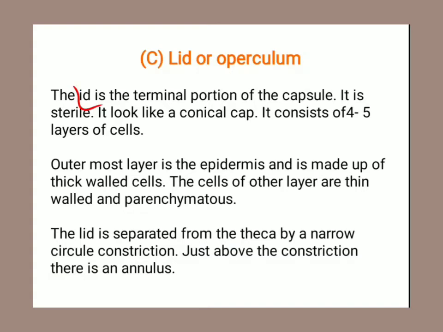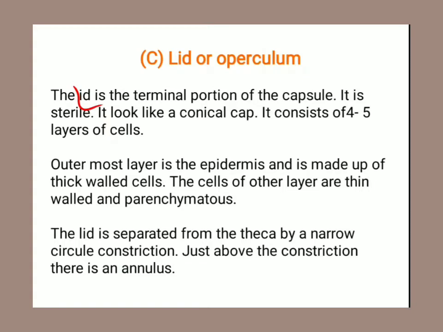The lid is the terminal portion of the capsule, and it is sterile. It looks like a conical flask, a conical shape, and it consists of 4 to 5 layers of cells. The outermost layer is the epidermis, made up of thick walls, and the cells of the other layers are thin walled and parenchymatous.